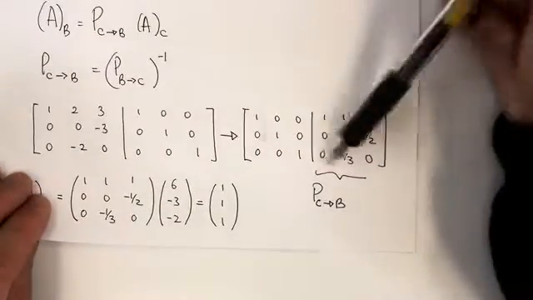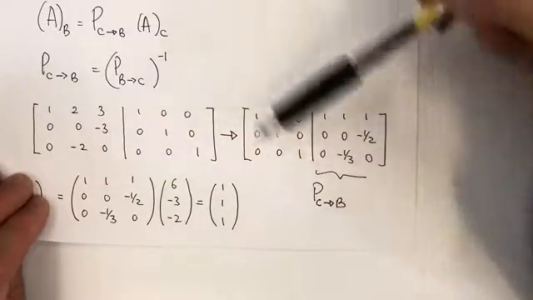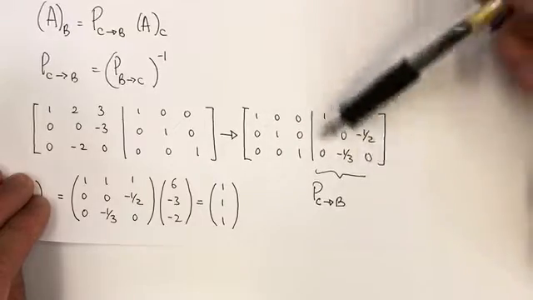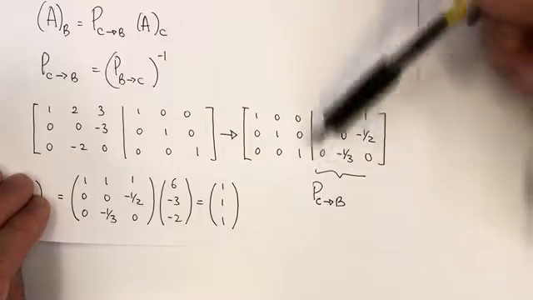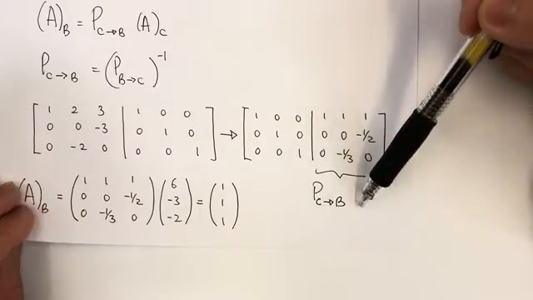We can do it with row reductions. Put the transition matrix here, put the identity matrix here, and row reduce it to the identity matrix. So this will be the inverse of this original matrix right here. And from our theory, we know that this is exactly the transition matrix from C to B.